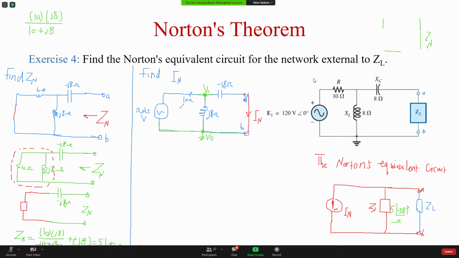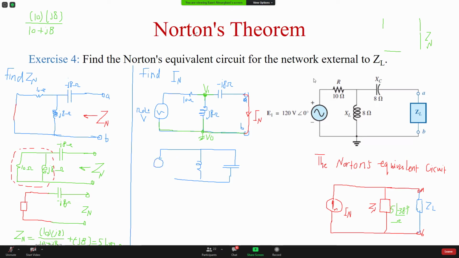I'm gonna redraw the circuit in a bit nicer way. Okay, so this is the circuit. I'm gonna put the capacitor here, which is in the same branch. And this is the source.